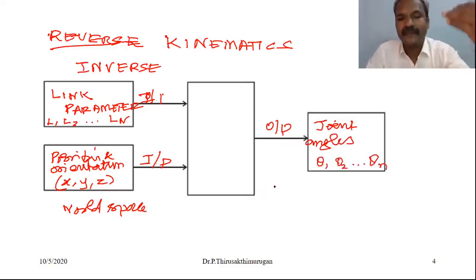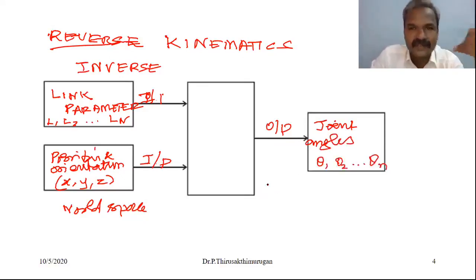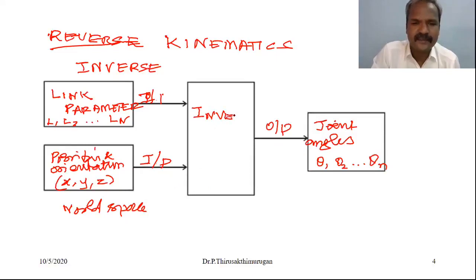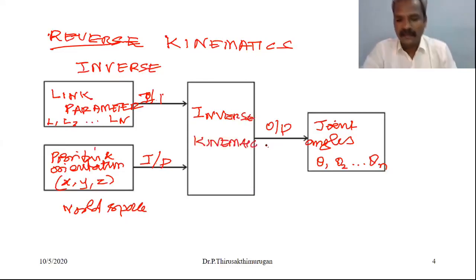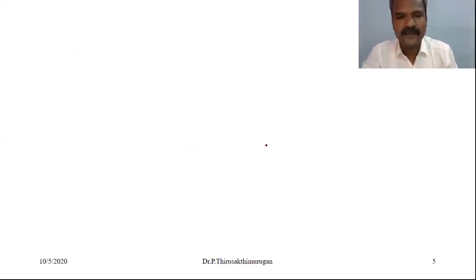So with the link parameters constant and also given, and the position and orientation, that is the world space parameters X and Y, given, if you want to determine the value of the joint angles, then this kinematics is called inverse kinematics or reverse kinematics. Okay, inverse kinematics. Clear?